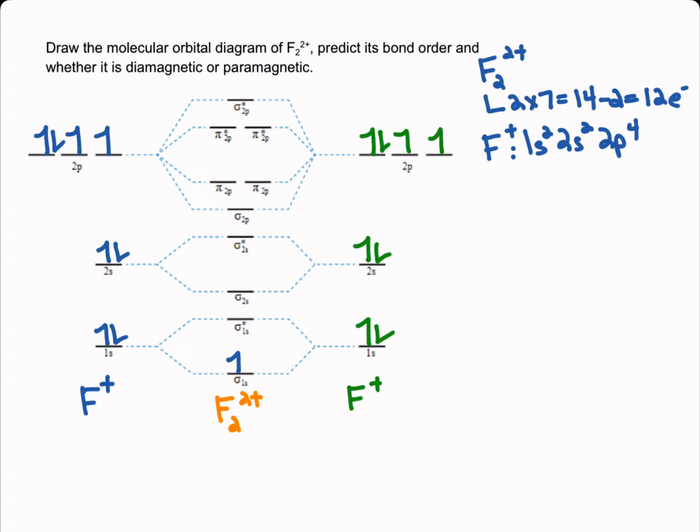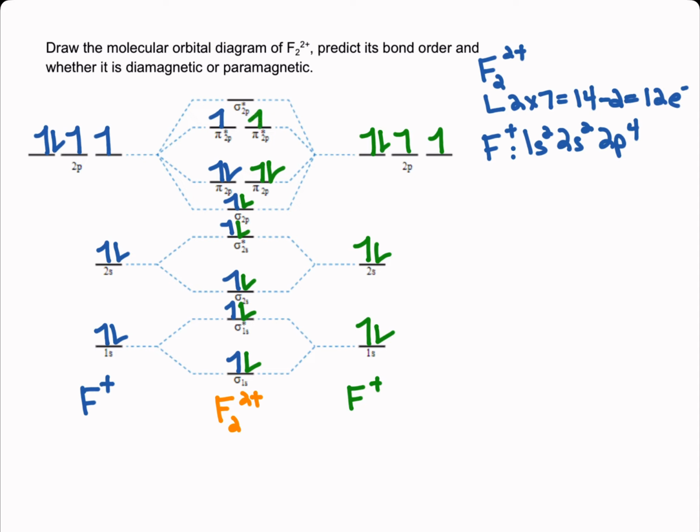So 1 from the left, 1 from the right, and we repeat this for all of the electrons.